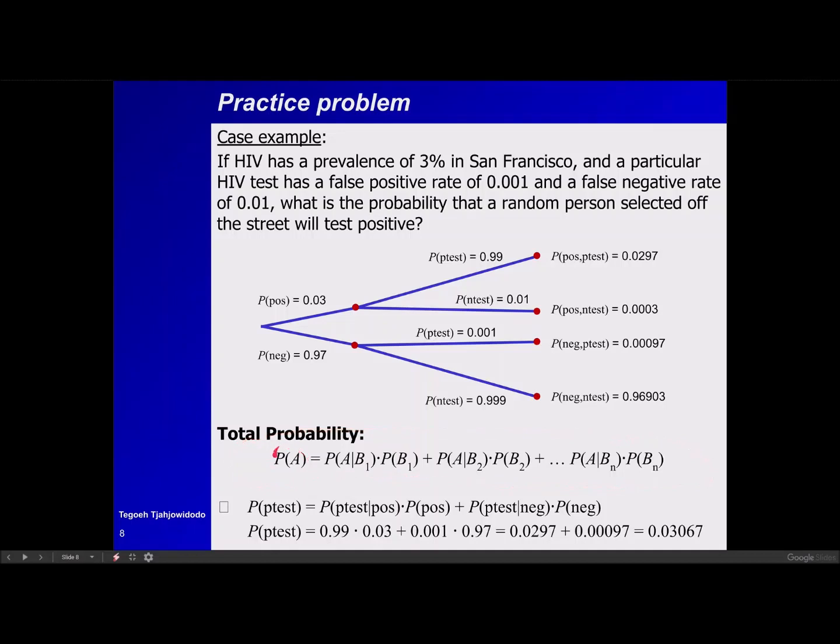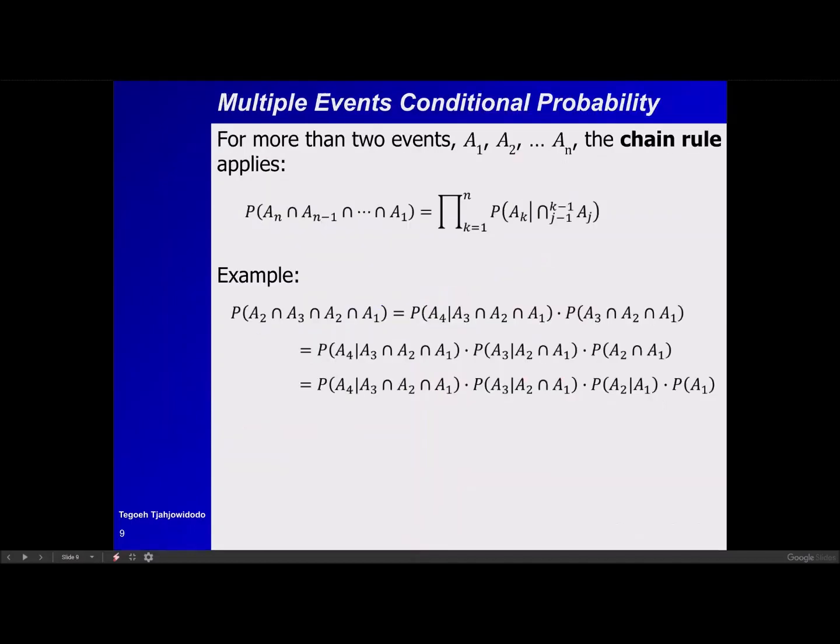The total probability of event A will be the probability of event A and event B1 occurring together, plus the probability of event A and event B2 occurring together, and so on and so forth, if there are n events of B.